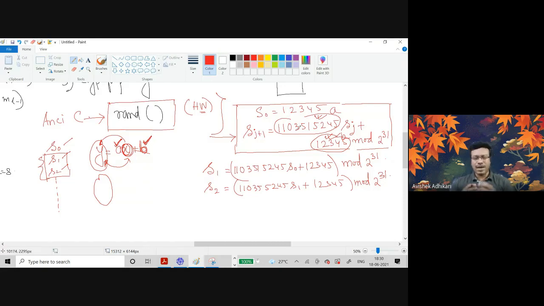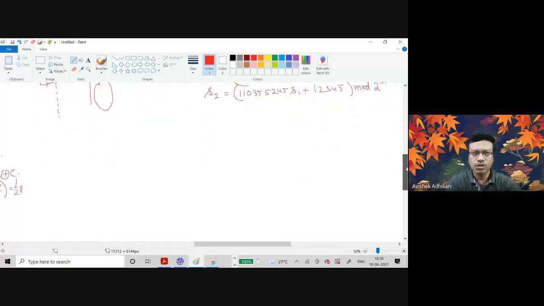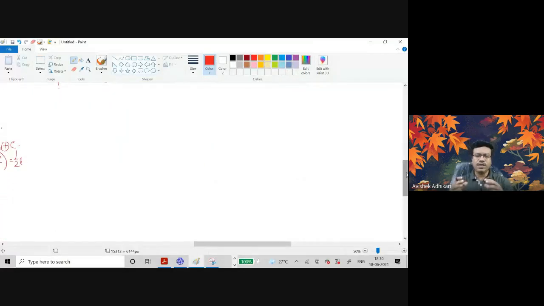But wherever you are doing this, if you know two consecutive values, then you can break this. That's why this rand function is not cryptographically secure. Okay, so we require some cryptographically secure pseudo random number generator.